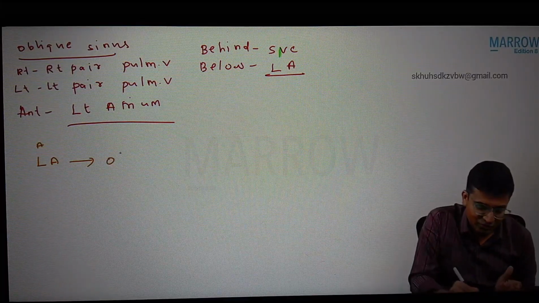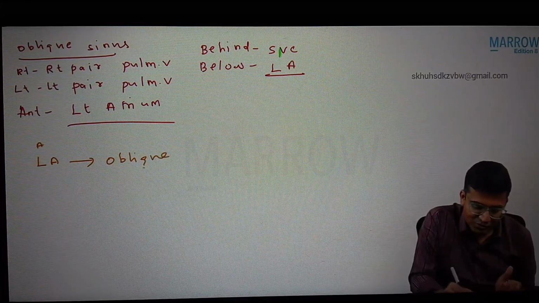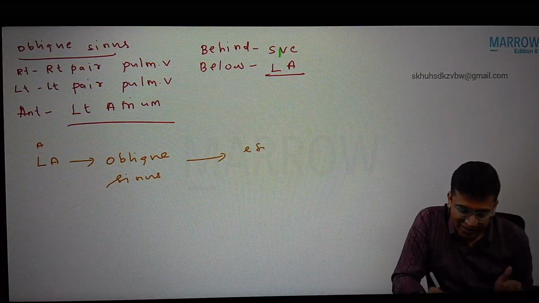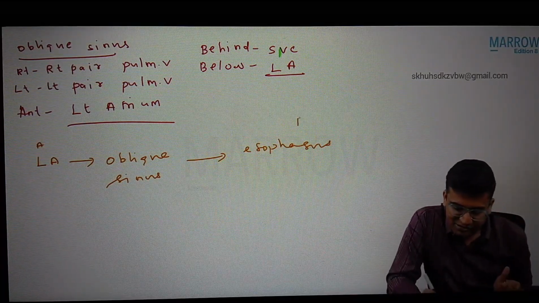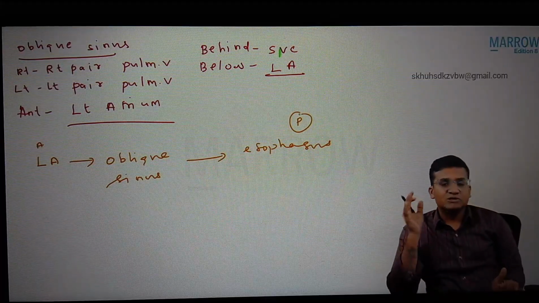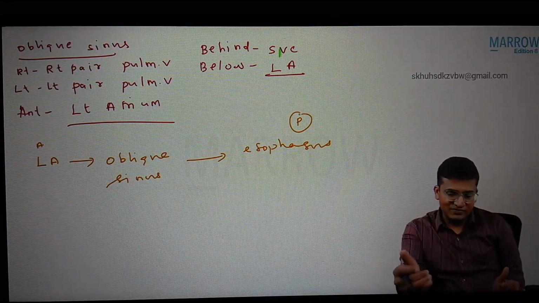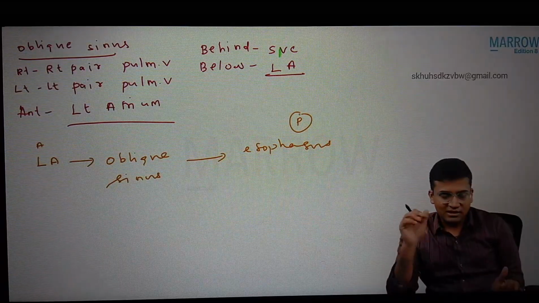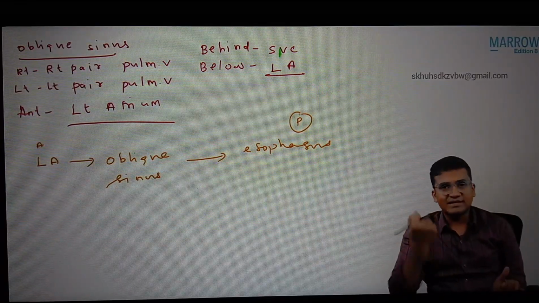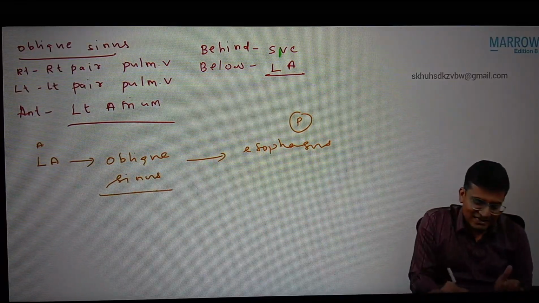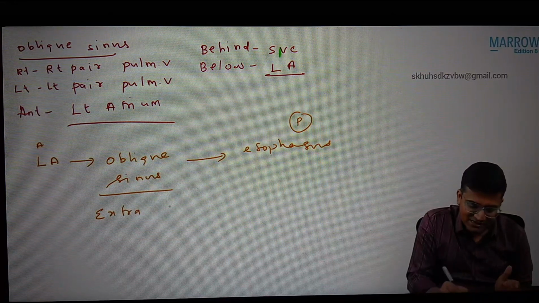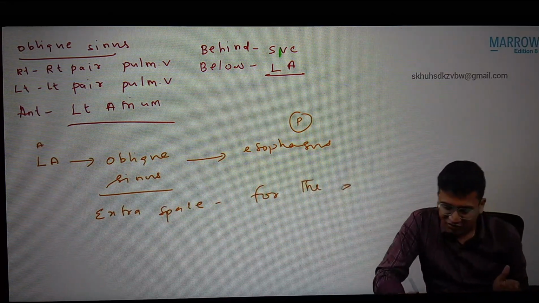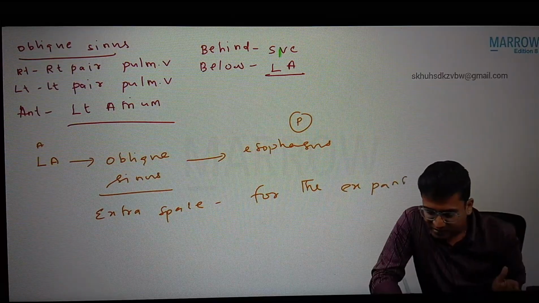Behind the left atrium we have the oblique sinus, and behind the oblique sinus we have the esophagus. So the esophagus is posterior. Clear? Now, I told you why we have the oblique sinus: it gives extra space for the expansion of the left atrium.